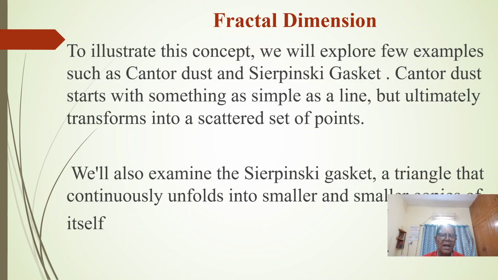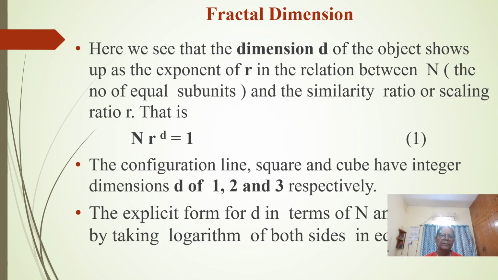Cantor Dust starts with something as simple as a line, but ultimately it transforms into a scattered set of points. We'll also examine the Sierpinski gasket, a triangle that continuously unfolds into smaller and smaller copies of itself.